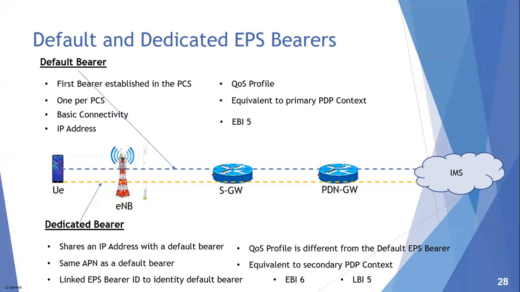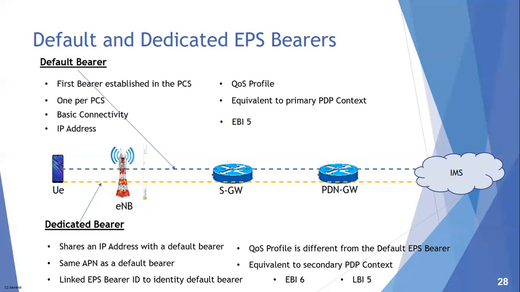This dedicated bearer will share the same IP address it took from the default bearer, which this person took from the internet or IMS APN. Let's say IP address 1.1.1.1, for example.